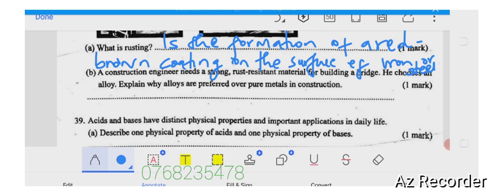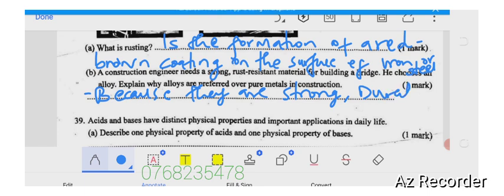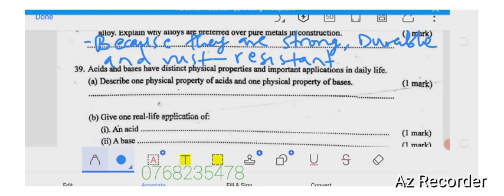You have the answer already in the question: because they are strong, durable, and rust resistant. That's why alloys are preferred over pure metals.